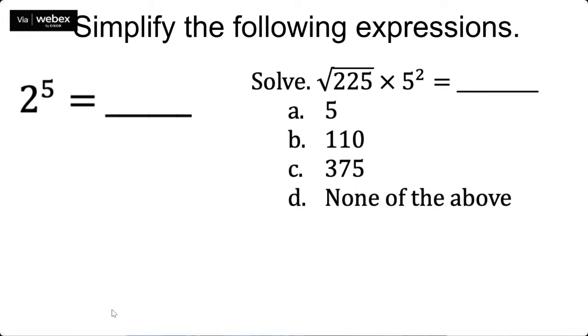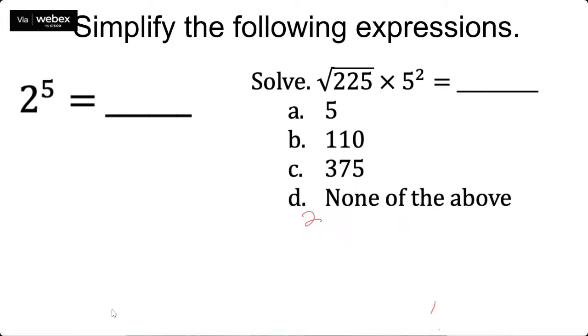Let's see if we got the right answer, just because we had different answers for this one. So we have 15. The square root of 225 is 15, times 5. 5 times 5 is 25. Carry the 2. I don't know where I was going with that.